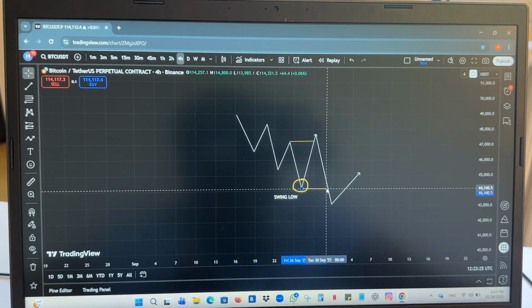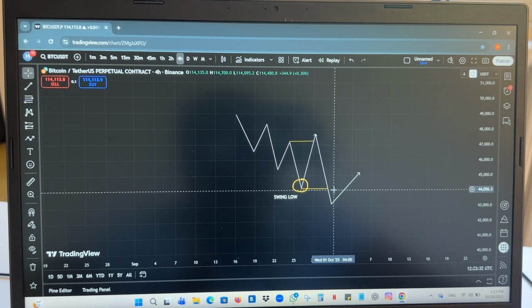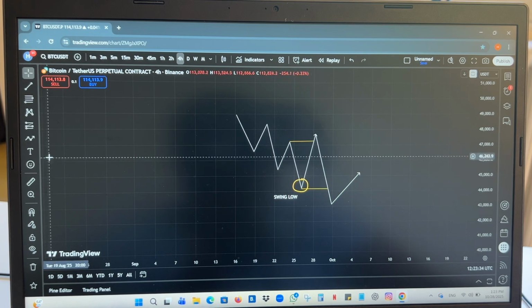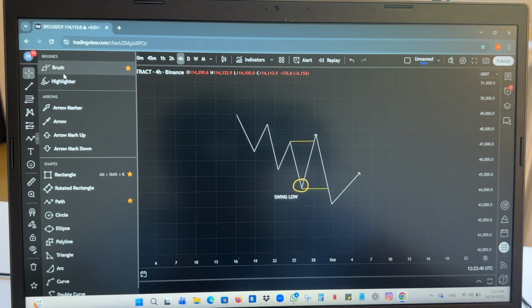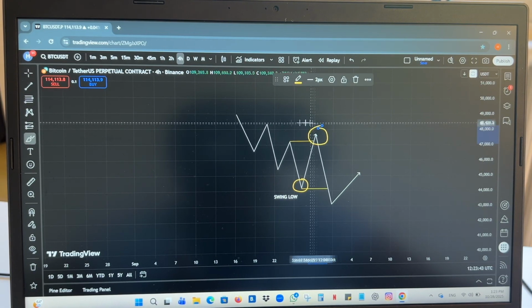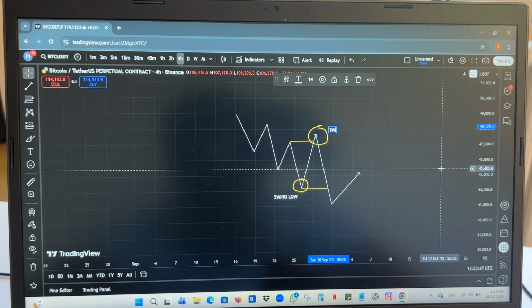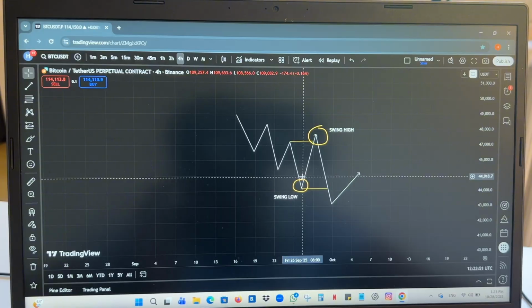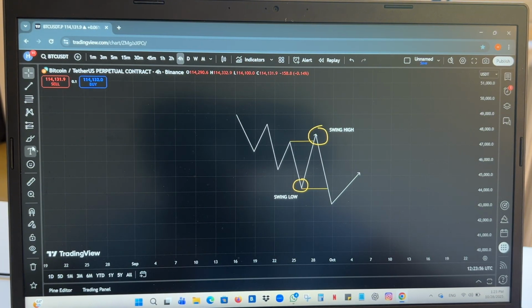I mean, if there's no wick, go for the body. If there is a wick, go for the wick, and it should be a straight line. And if in here this point touches the body, there you go, you have a confirmed swing high. This is going to be a swing high.